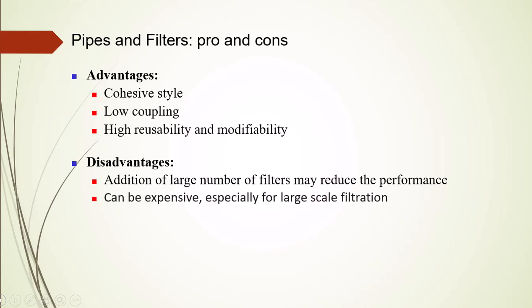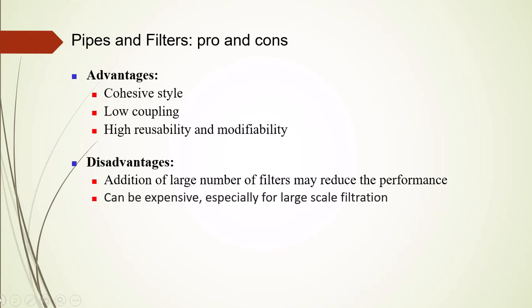The advantage of pipe and filter is its cohesive style. Cohesive style means there is a strong bonding of the different elements of the filter or unit. This means it depends less on coupling. One component or one filter does not depend on another filter, but rather a filter depends on the elements that comprise that particular filter.